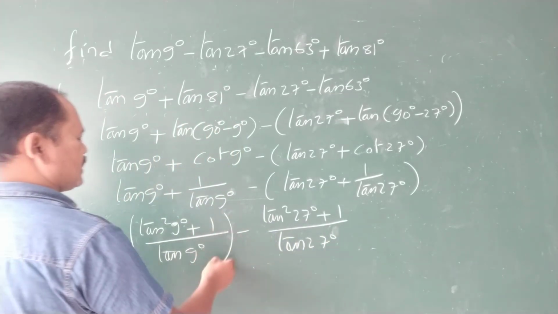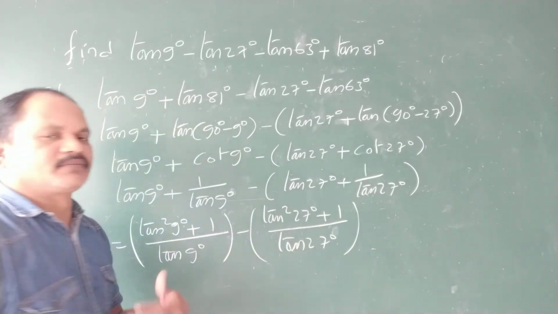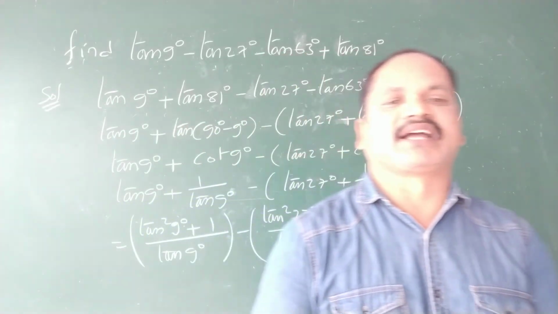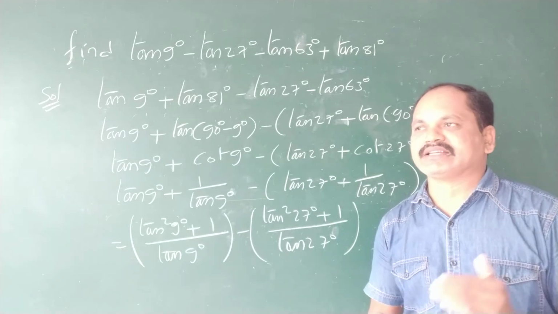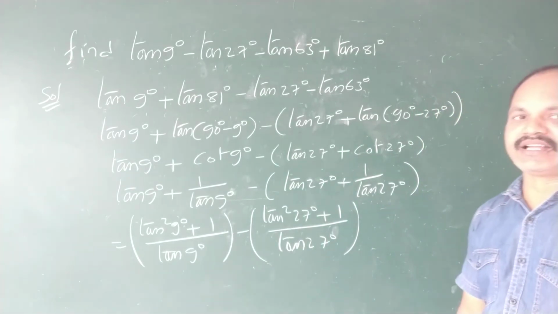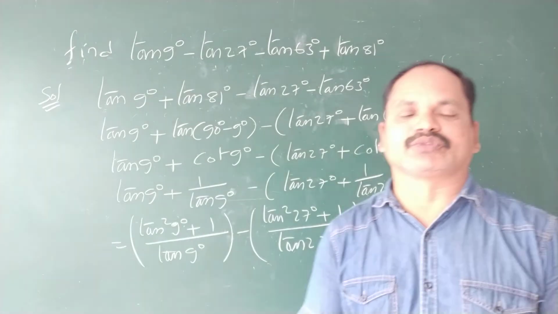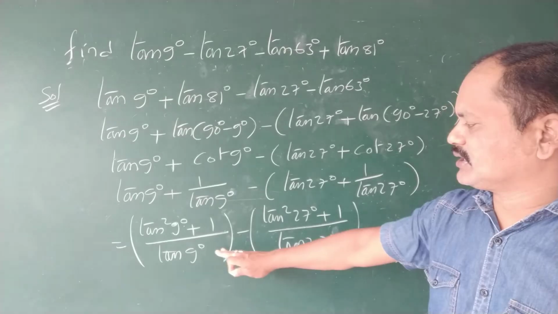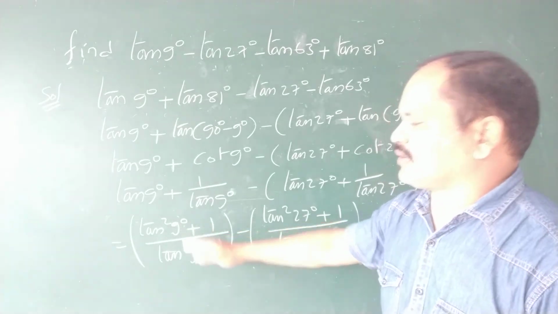Actually we know the formula that 2 tan theta by 1 plus tan square theta is nothing but sin 2 theta. So it is the reciprocal of 2 tan theta by 1 plus tan square theta.